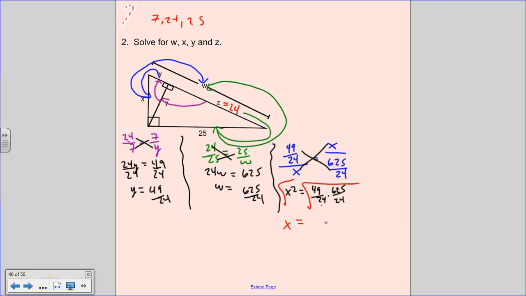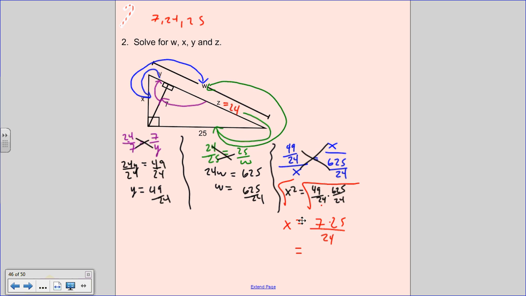So at the end of the day, if I take the square root of 49, I'm going to have 7. Take the square root of 625, I'm going to have 25. And then I'll have 24 at the bottom because I have twins. I hope that shortcut wasn't too fast for you, but I'm trying to prevent you from doing a lot of work.